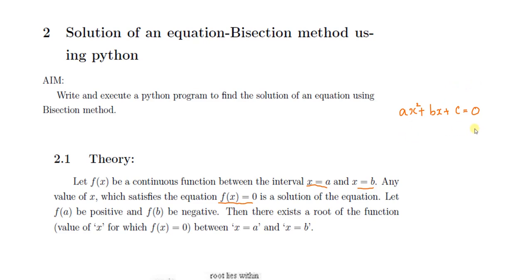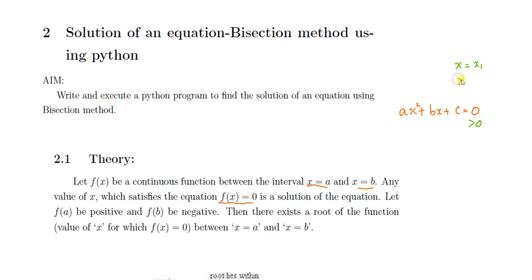And if that specific value of x is the solution, so if you give another value of x, this equation will not be satisfied. That means you may get a value not equal to 0, but greater than 0. So when you put say x is equal to x1, you may get a value for this equation greater than 0.